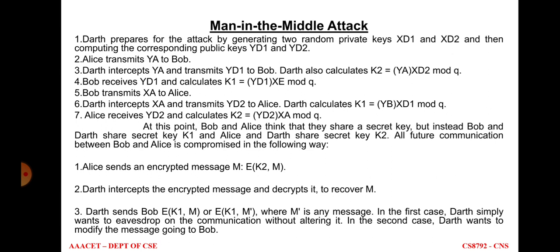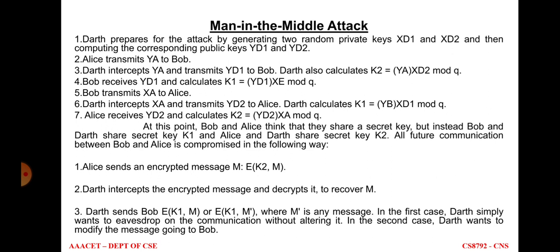Now Alice receives yd2 sent by Darth and calculates key value k2 using the value from Darth. At this point, Bob and Alice think that they share the secret key between them, but instead Bob and Darth share secret key k1, and Alice and Darth share another secret key k2.